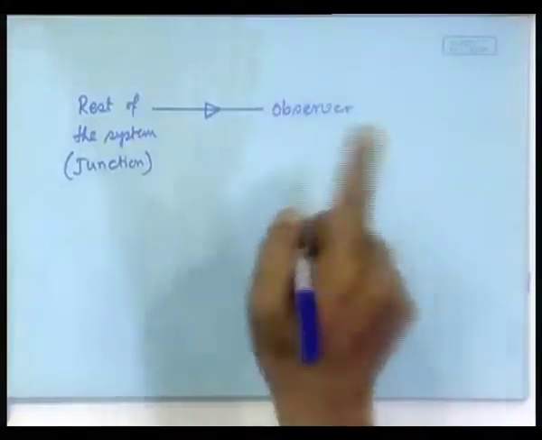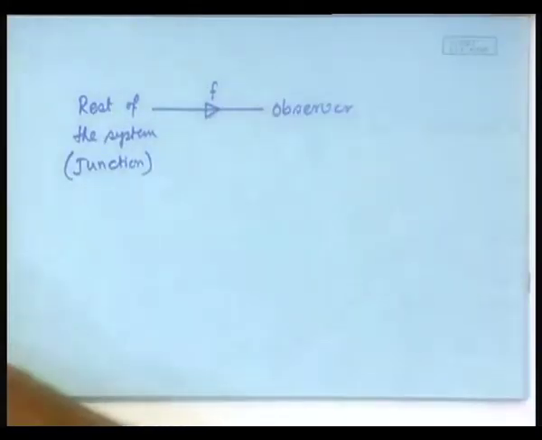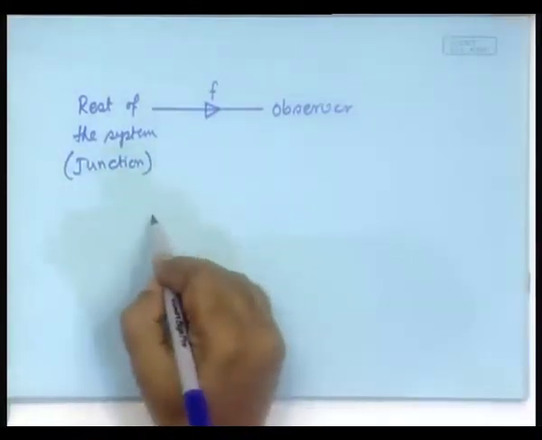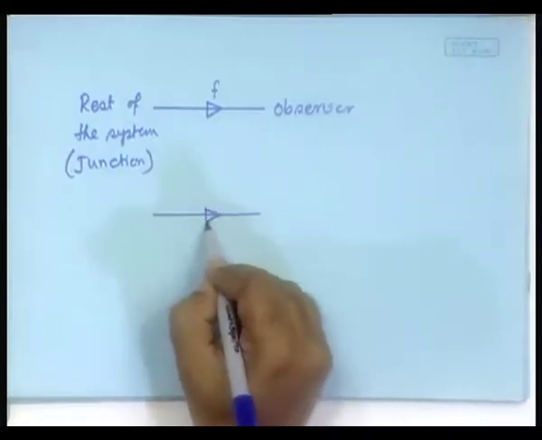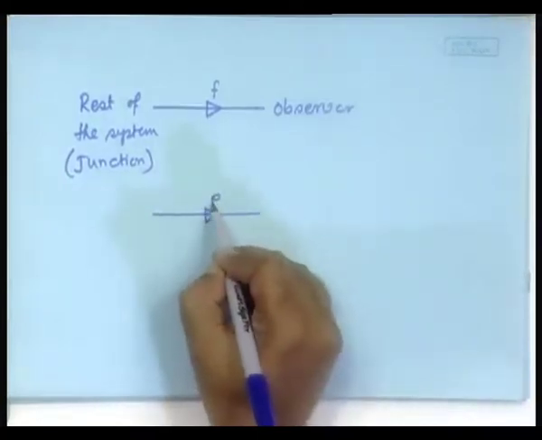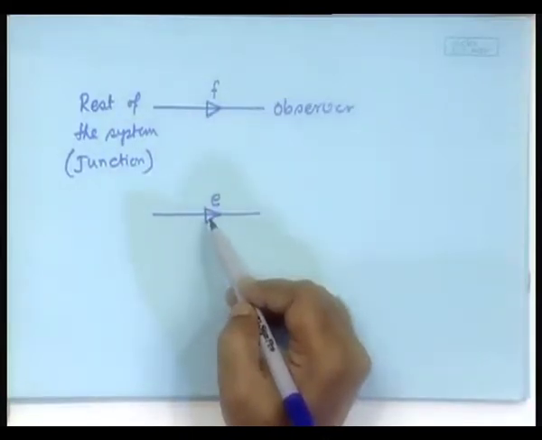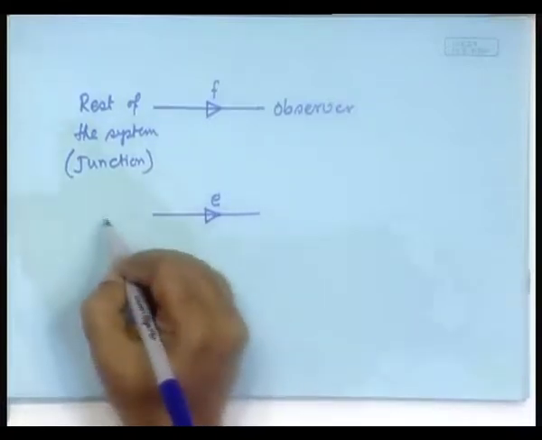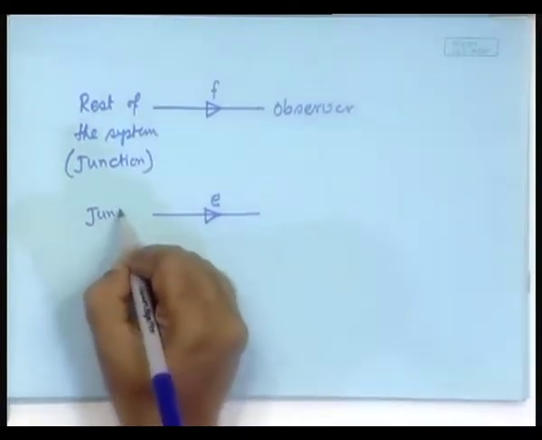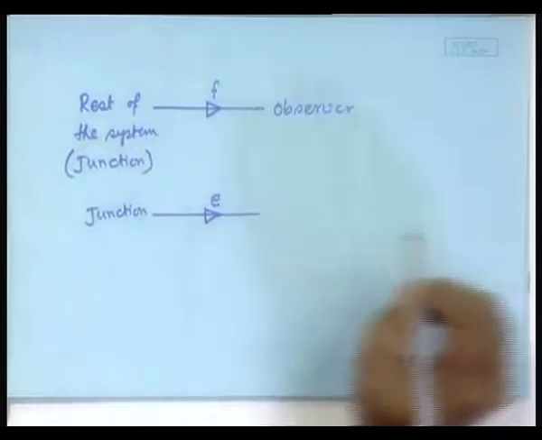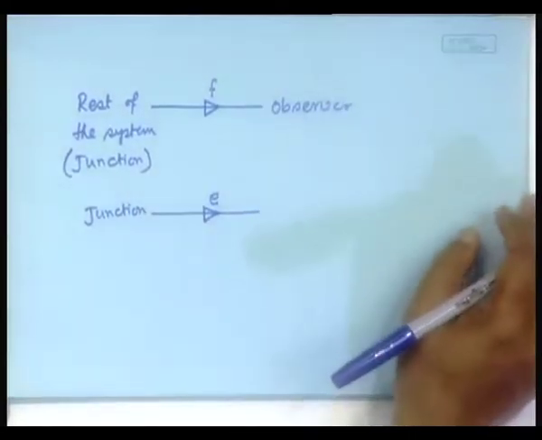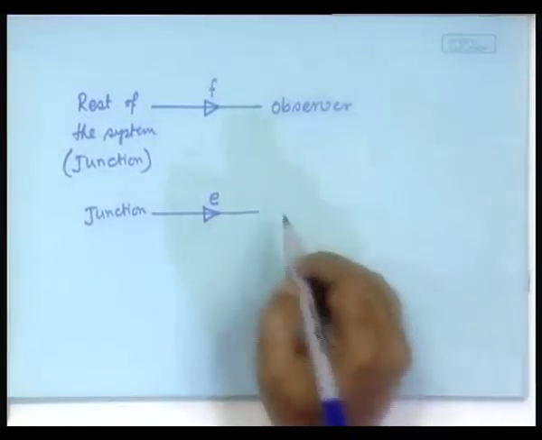If it carries the information of the flow, we will simply write F. It could also be a bond that carries the information of the effort, we will write E, because without writing this you never know what it is observing. So, there is a junction here, and here is the observer.